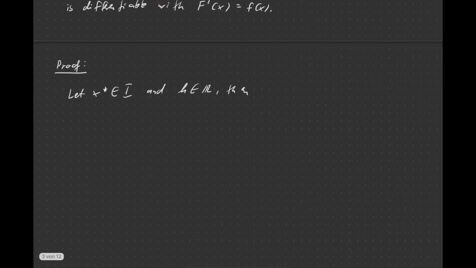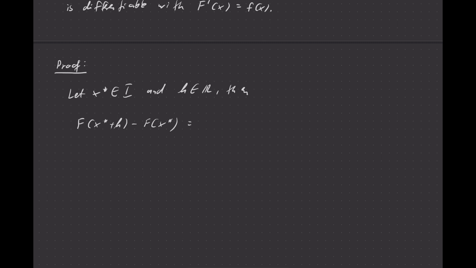What we want to do is first express the difference of capital F of x star plus h and capital F of x star. That is going to be part of the difference quotient, and the limit of the difference quotient is, of course, the derivative that we're looking for. So let's first express that difference.